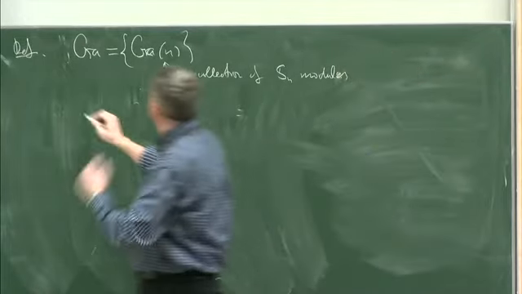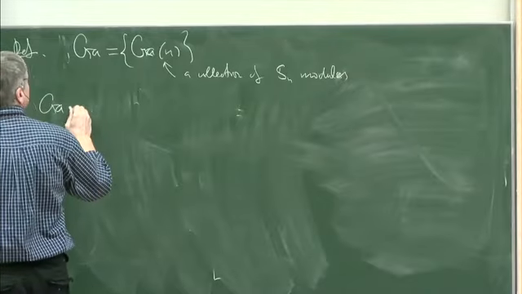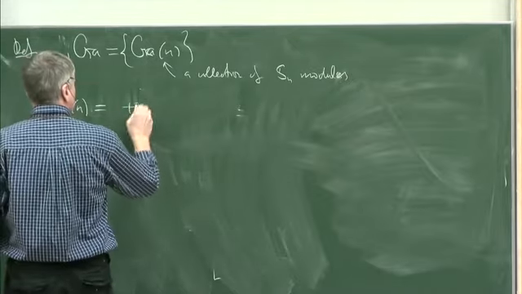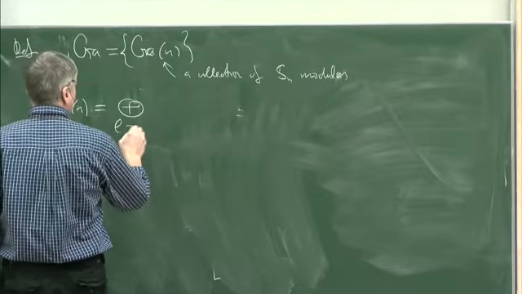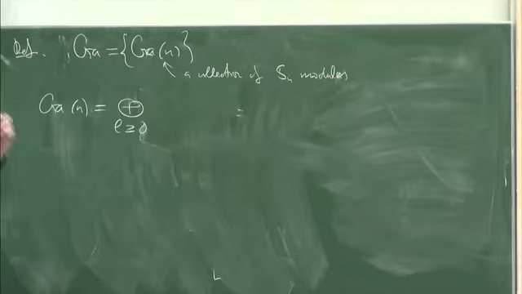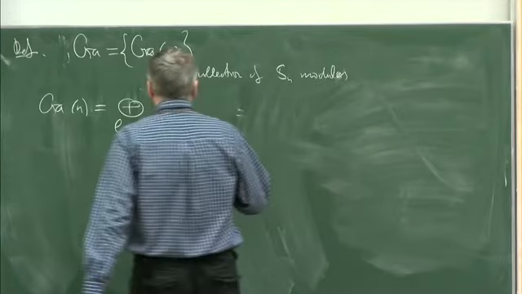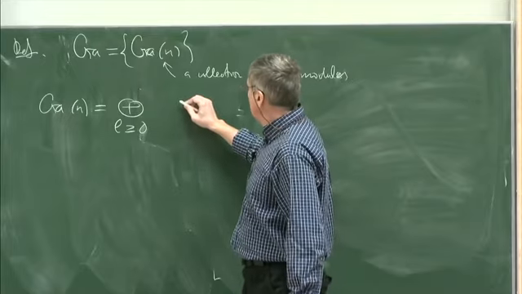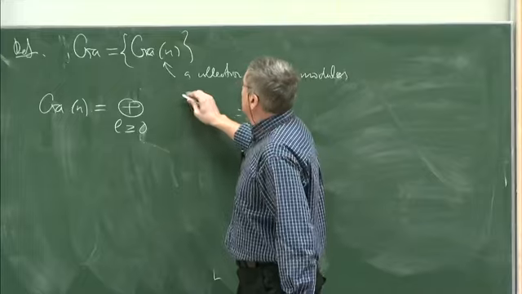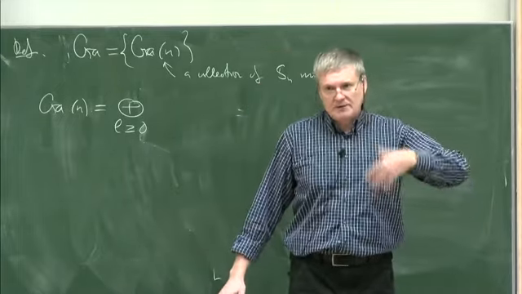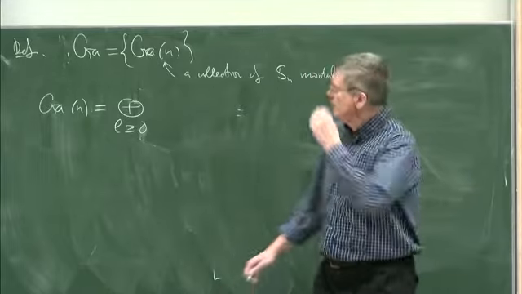As follows. I define Gra(n) to be the direct sum over all L, 0 and higher. And then what I do, on graphs, as usual, there is a notion of a morphism and isomorphism of graphs.